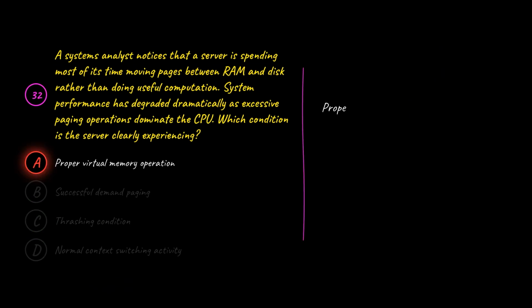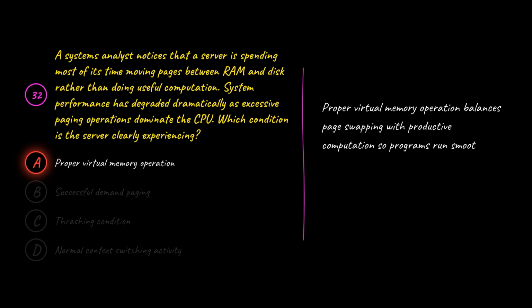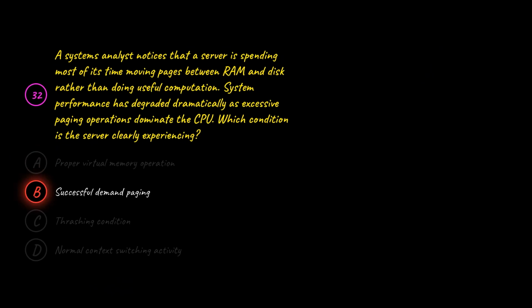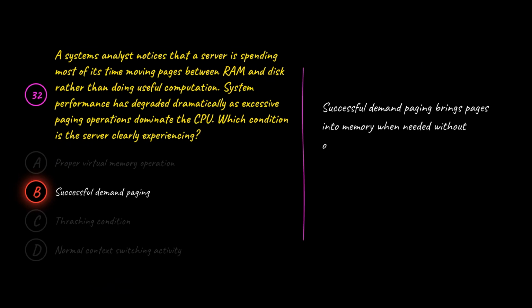A is wrong because proper virtual memory operation balances page swapping with productive computation, so programs run smoothly. The scenario describes severely degraded performance caused by excessive paging, which is specifically the breakdown condition called thrashing instead. B is wrong because successful demand paging brings pages into memory when needed, without overwhelming the system.